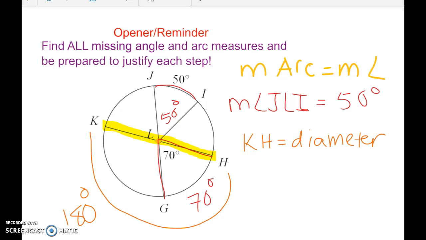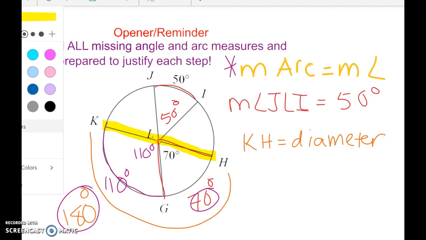Well, if a portion of KH is 70 degrees, from G to H, but the whole thing has to be 180 degrees, by that logic, this arc here from K to G has to be the difference between 180 and 70, which is 110 degrees. Going back to this idea here, the measure of angle KLG would also have to be 110 degrees.